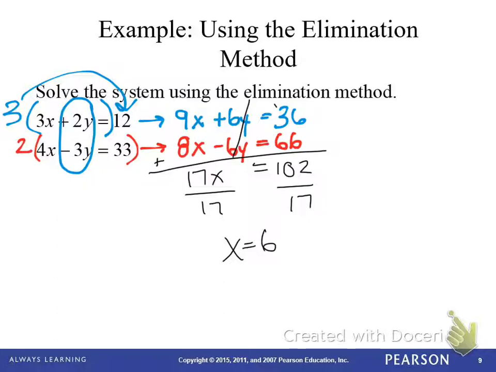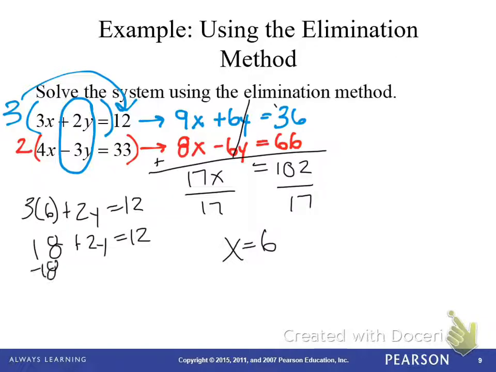I still need to find the y value. So pick an equation. It doesn't matter which one. There's not a benefit. Pick the one you prefer more. So I'm going to pick the top one just because it's smaller numbers. So I'm going to have 3 times 6 plus 2y equals 12. So that's going to give me 18 plus 2y equals 12.